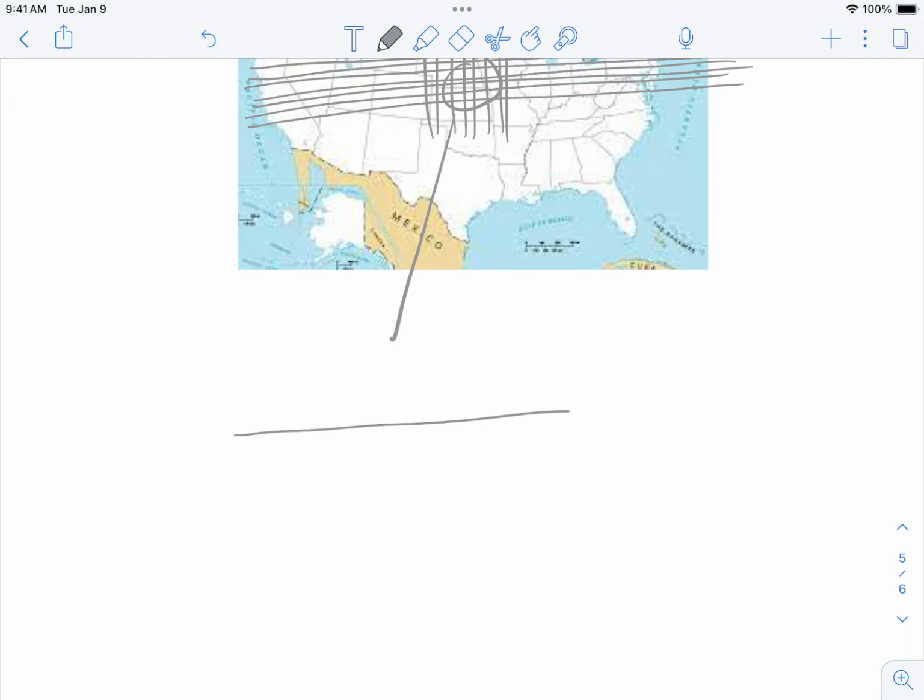Let's just zoom in on a little piece like this. So you would have these regions. I don't know how big it would be, a county, something like that. But you'd have these small little regions of country.